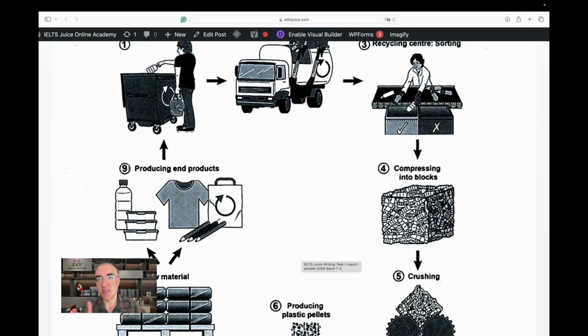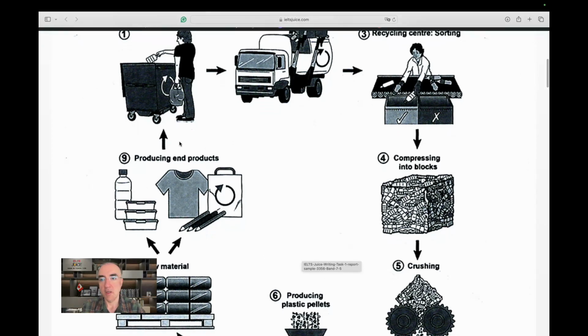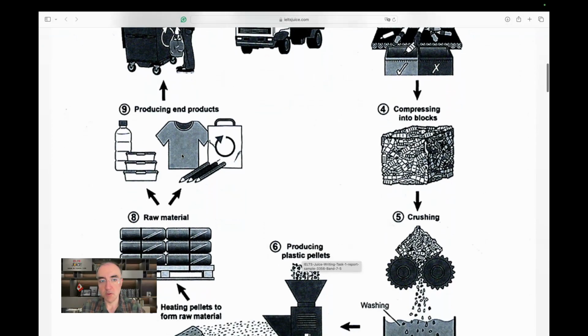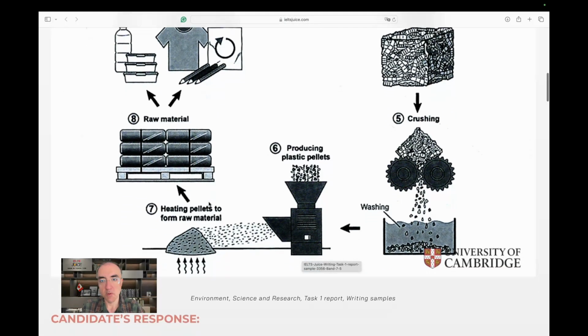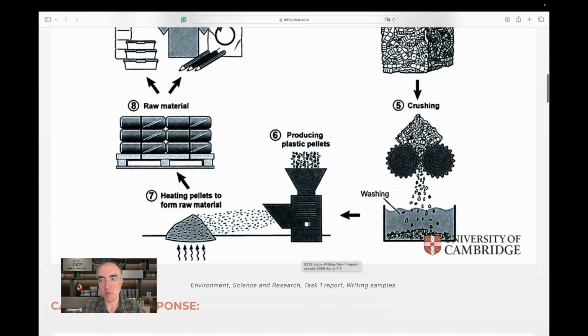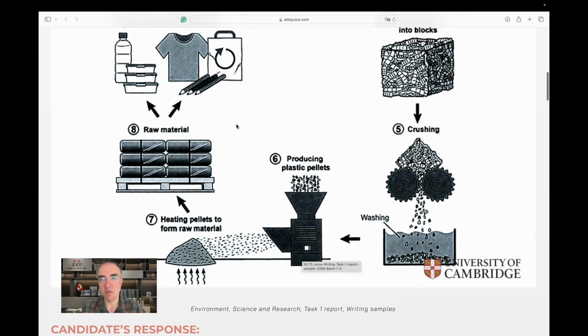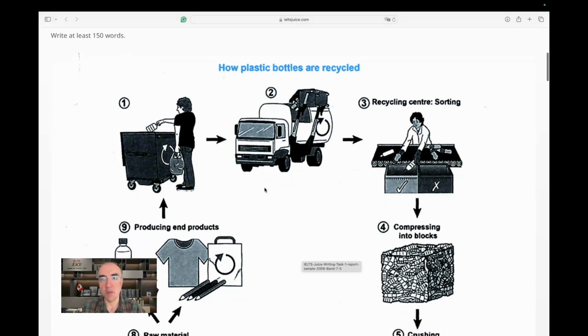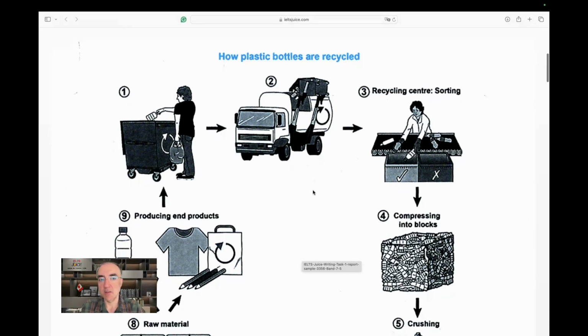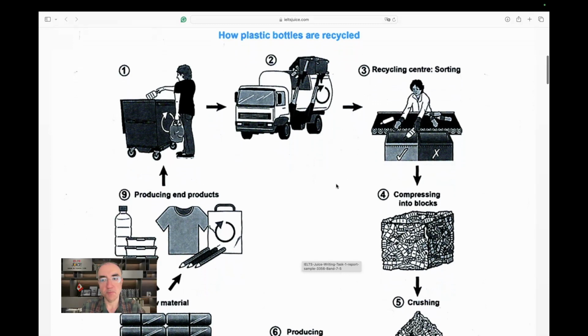So there are 9 steps. I also see that some machineries are used, like this one, like this one. There are ones that I can actually see, like this truck, and I see also some individuals.